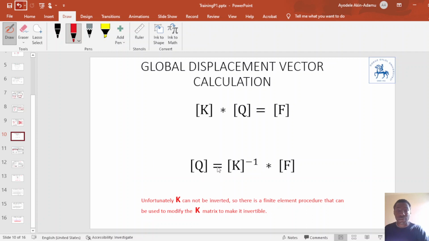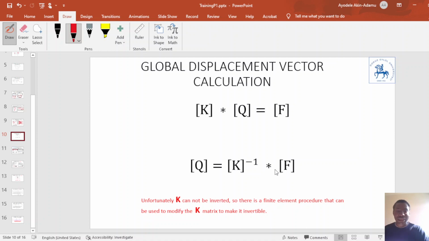Next, we calculate the global displacement vector. This is calculated, not assembled. After the global stiffness matrix K and the global force vector have been assembled, we can calculate the global displacement vector, which is given as the inverse of the global stiffness matrix multiplied by the global force vector.